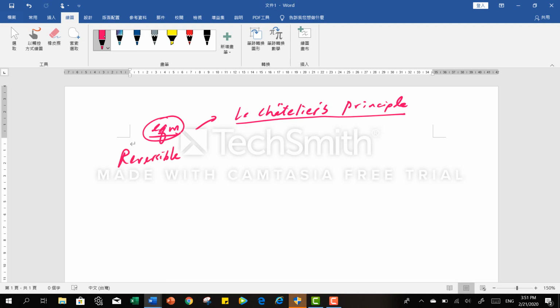If you apply a disturbance, the system doesn't like it. It will oppose it by shifting the equilibrium position to a new one.